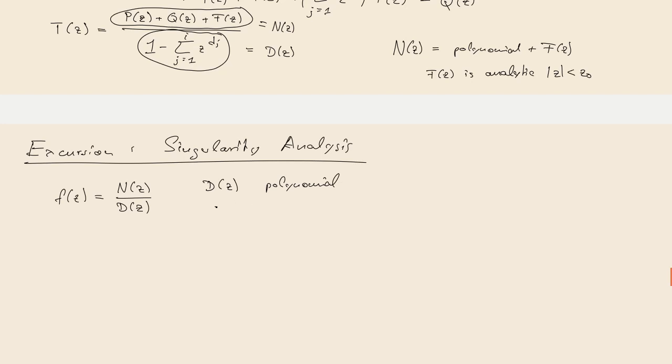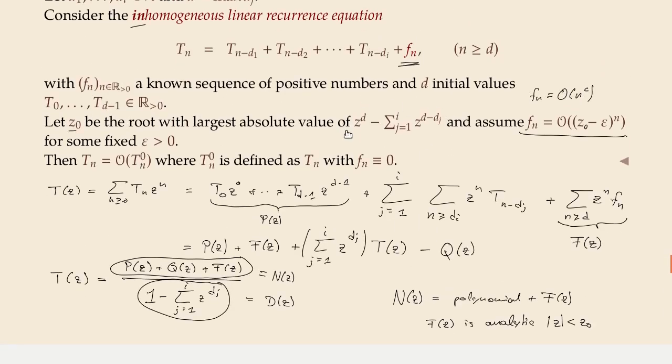We assume that this is just a polynomial, which it is in our case. And we assume c_0 is the root of this polynomial with smallest absolute value. So you might remember that in the theorem we use this polynomial where we take this one, replace z by 1 over c, and then multiply by c to the d, which means that all roots of this polynomial are the roots of this one if you take the reciprocals.